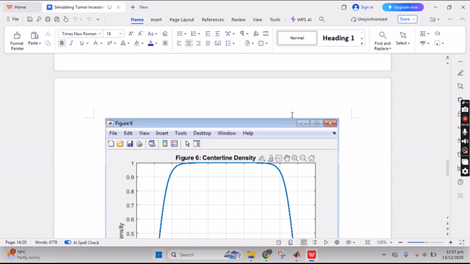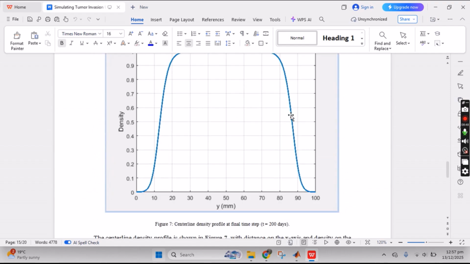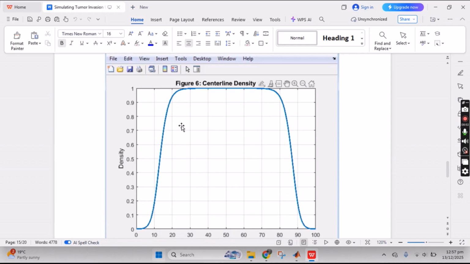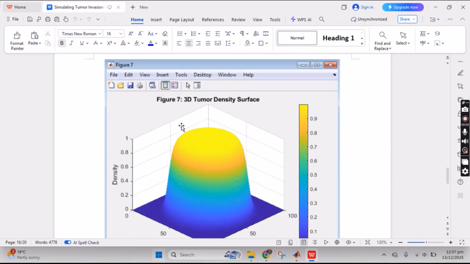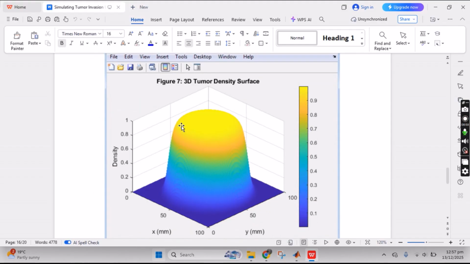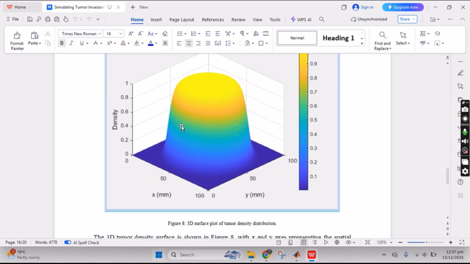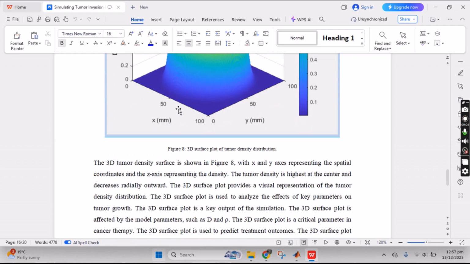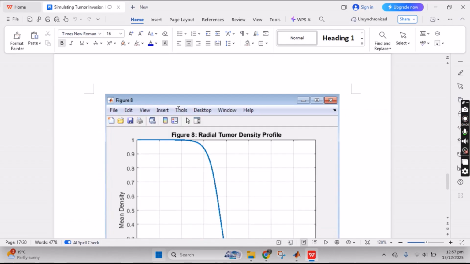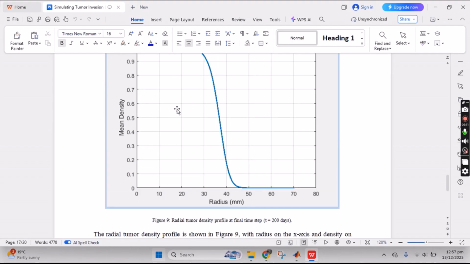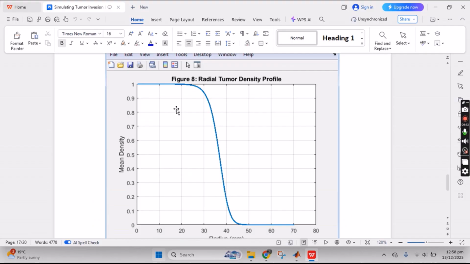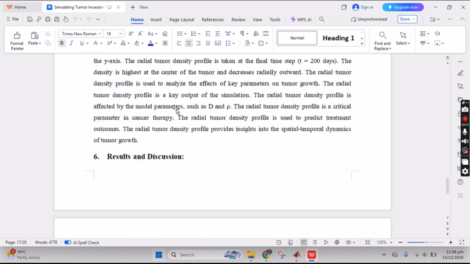Okay, so this one is the center line density, which shows its growth also increases, in terms of millimeters. Here's the tumor density surface, which provides a 3D graph showing us the tumor density distribution in the human body as well. This one is the radial tumor density profile, showing how its radius reduces with the treatment.